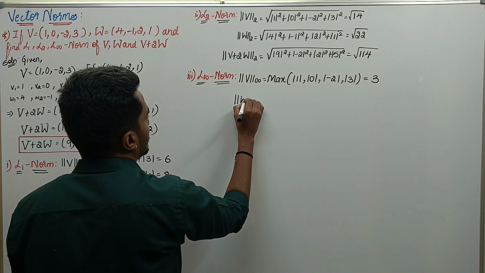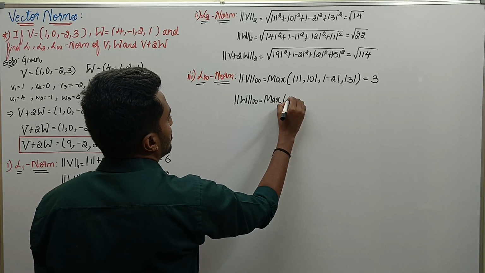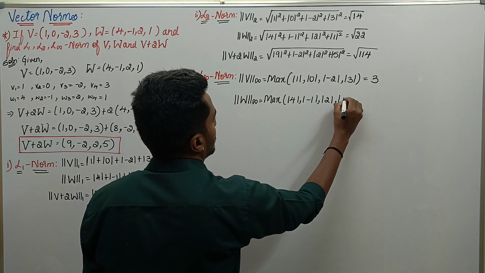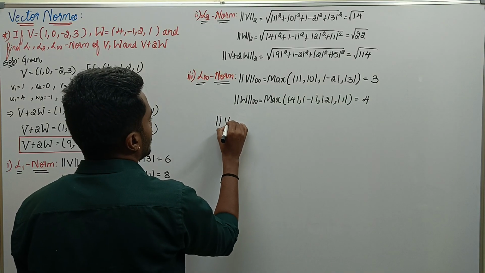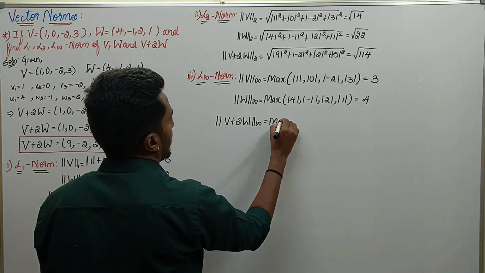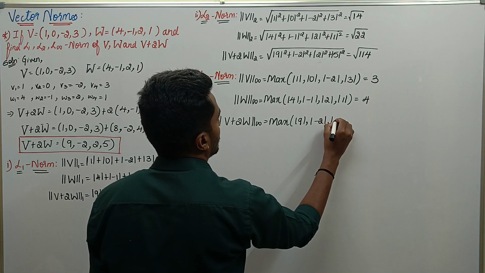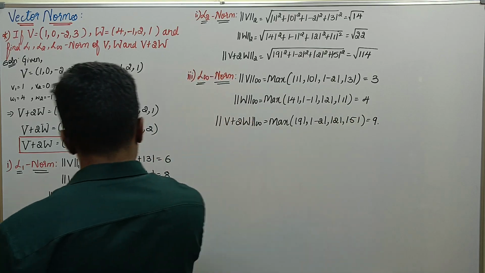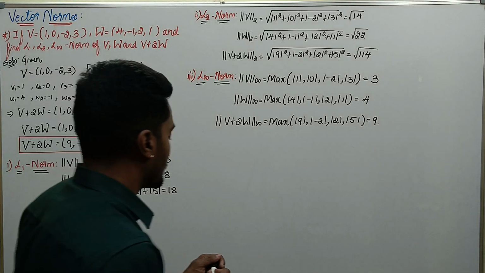Next, norm W infinity, which is equal to maximum of modulus 4, modulus minus 1, modulus 2, modulus 1, which is equal to 4. Next, norm V plus 2W infinity, which is equal to maximum of modulus 9, modulus minus 2, modulus 2, modulus 5, which is equal to 9. This is the L infinity norm. Okay, done.